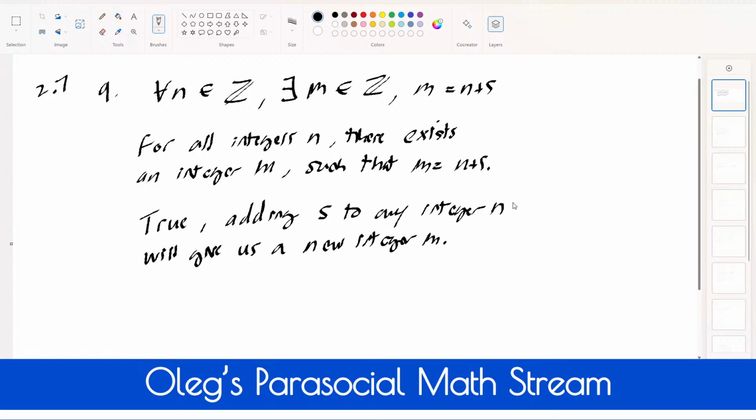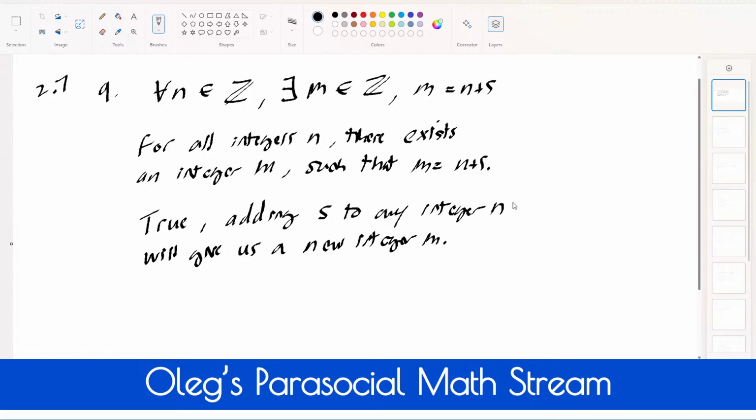This stuff's pretty dense. And 2.9 is negating. We're going to be flipping the E's and A's, I believe. That's probably what it's going to take.